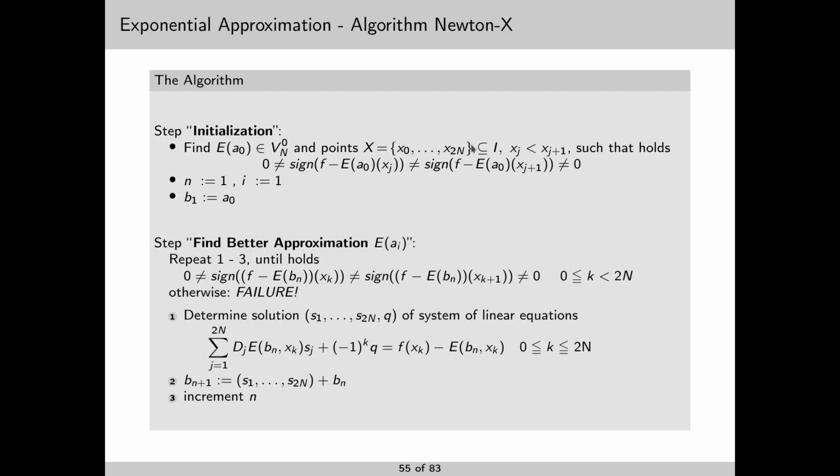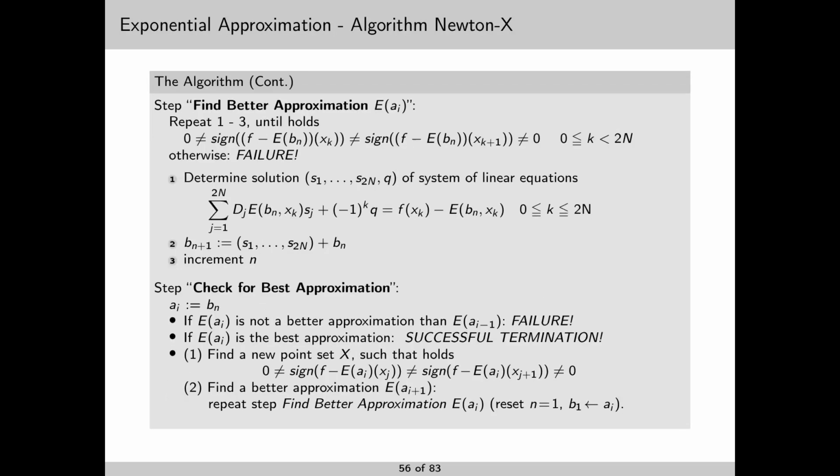In order to find a better approximation, with points X execute the Newton iteration. These are actions 1, 2, and 3 until the error function alternates at these points, this condition. The result is an exponential sum e of Bn+1. If such an exponential sum can be computed, it becomes the exponential sum e of ai.